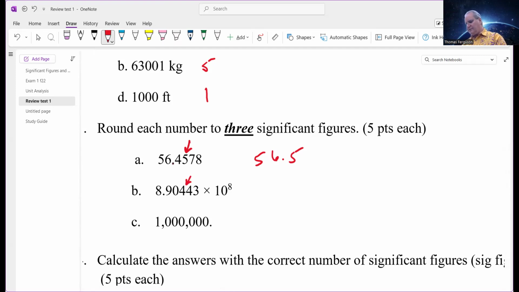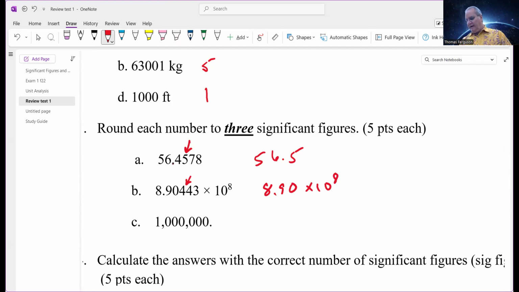Okay, that means 0 to 4, we drop it, so it's 8.90 times 10 to the 8th. Notice when we do sig figs with scientific notation, the exponent doesn't come into play at all. It's just there to tell you how many times 10 you divide or multiply by.